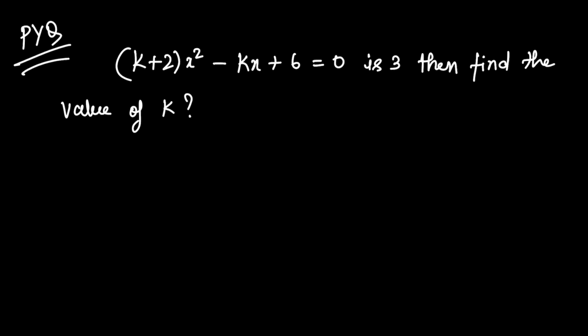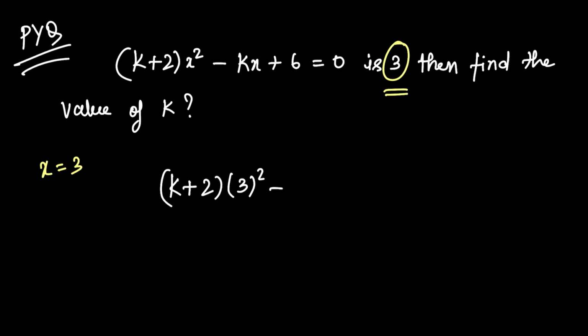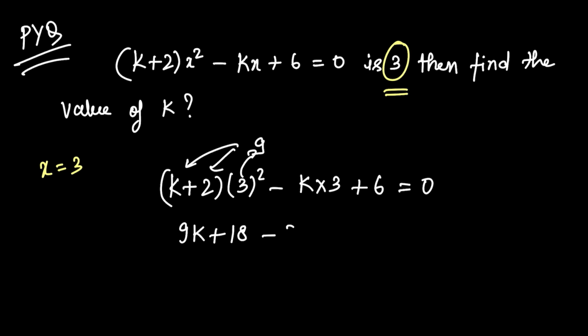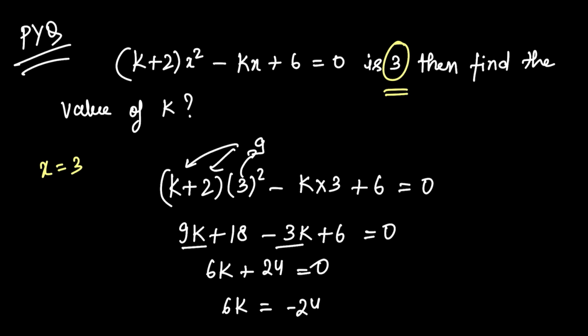Since they have given x is equal to 3, right, we'll put it and find the value of k. (k plus 2) into 3 square minus k into 3 plus 6 equal to 0. So this becomes 9k plus 18. See, this is 9, right? 9 into (k plus 2), minus 3k plus 6 equal to 0. Now this becomes 6k plus 24 equal to 0. 6k is equal to minus 24. That means k is equal to minus 4.